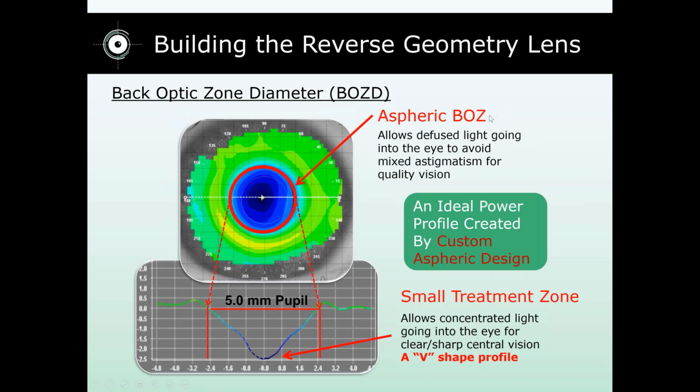And the optical zone is the back optical zone diameter. An aspheric back optical zone allows diffuse light going into the eye to avoid mixed astigmatism for quality vision. This is also verified by Professor Smith in his defocus theory, that the mixed astigmatism, I truly believe, can be eliminated to some extent by the aspheric back optical zone.